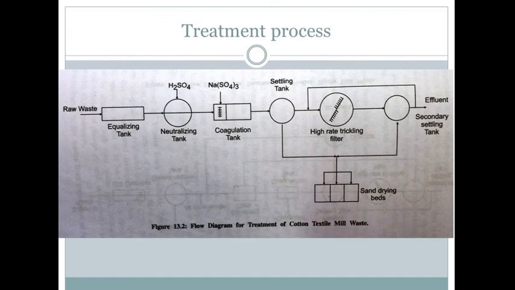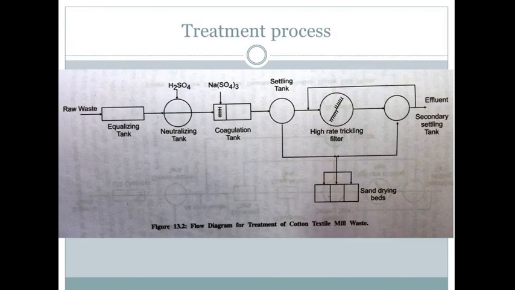After the trickling filter, we use the secondary settling tank, where we get the treated effluent, and the sludge removed from the secondary settling tank is sent to the sludge drying bed. Finally the effluent is used for irrigation, or recycled, or disposed of. Some of the effluent is recycled in the trickling filter to maintain MLSS concentration.